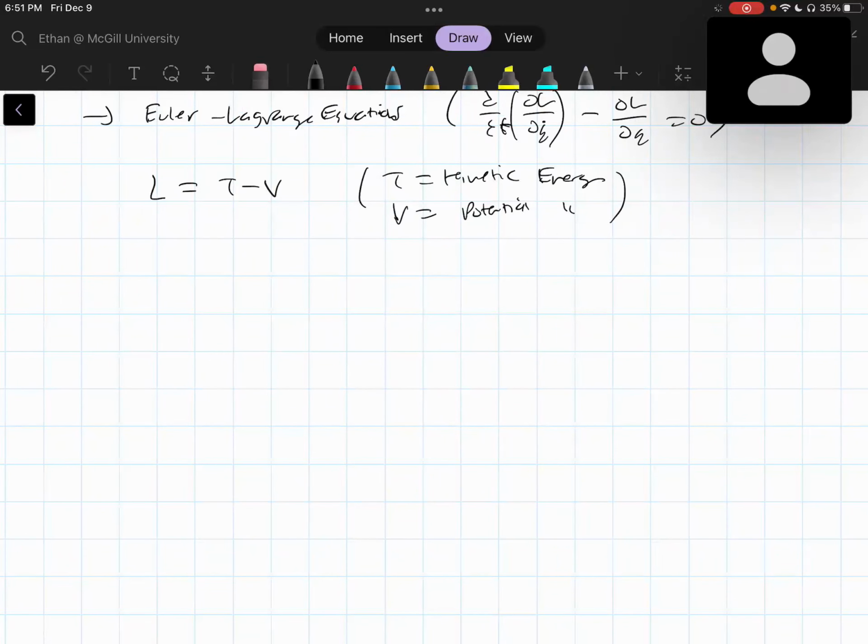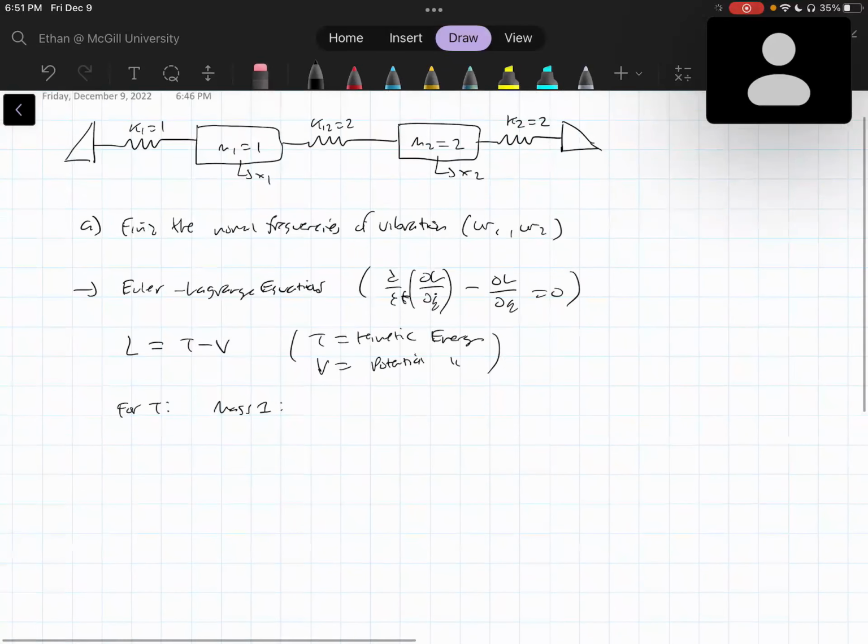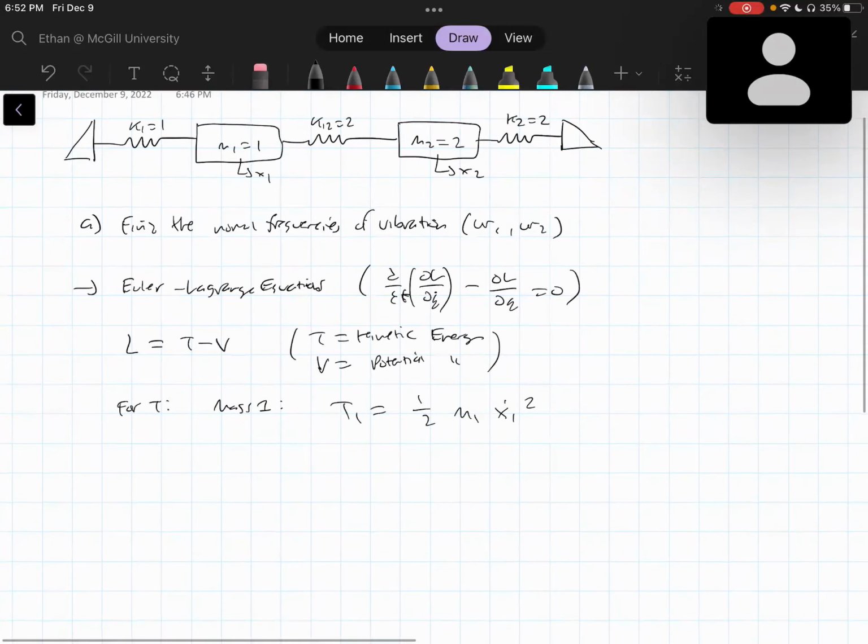For the kinetic energy, which is T, for the whole system, mass 1, T1, is going to be half m v squared. So it's going to be half m1 x1 dot squared. Since m1 is 1, that's just half x1 dot squared.